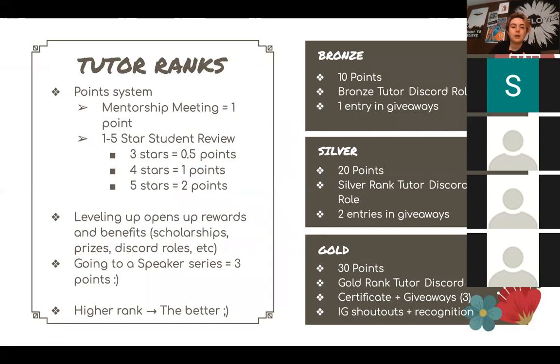Okay. Then just a reminder for tutor ranks and the point system. Each mentorship meeting equals 1 point contributing to your tutor rank. Other things that contribute to gaining points: if you get reviews from your students, 3 stars is 0.5 points, 4 stars is 1, 5 stars is 2.